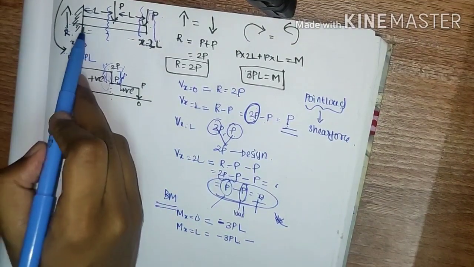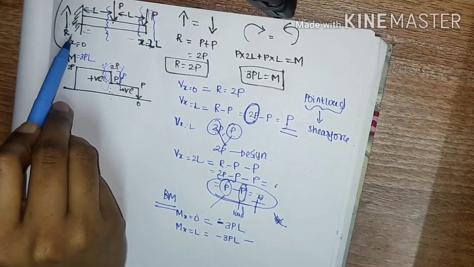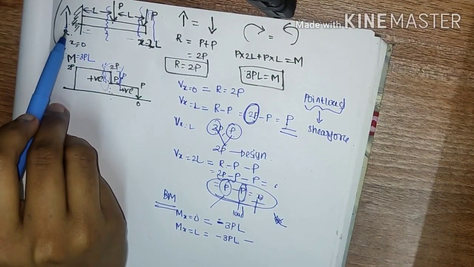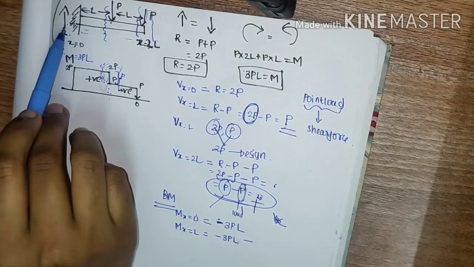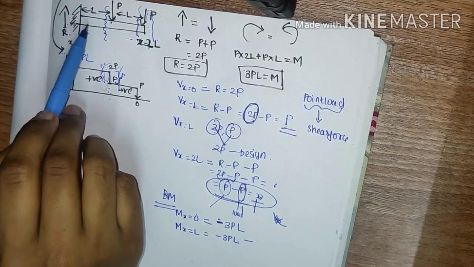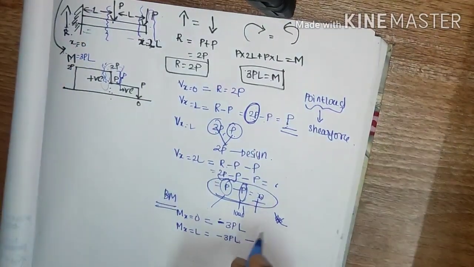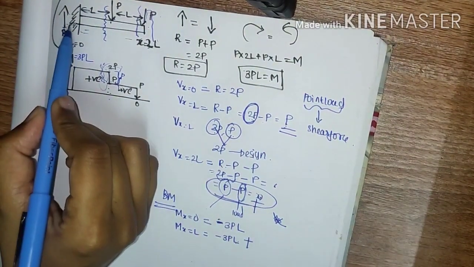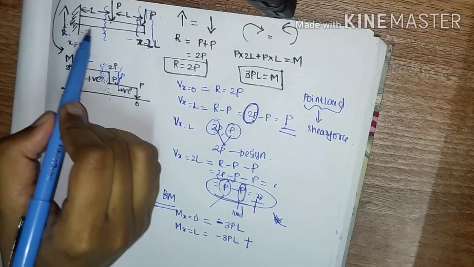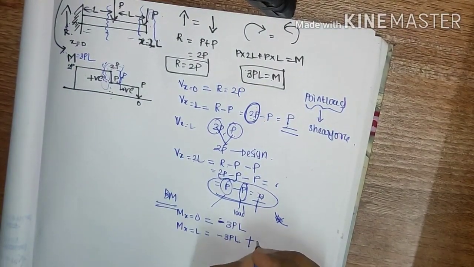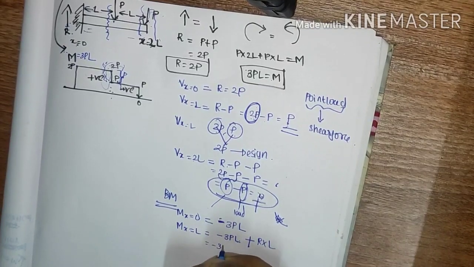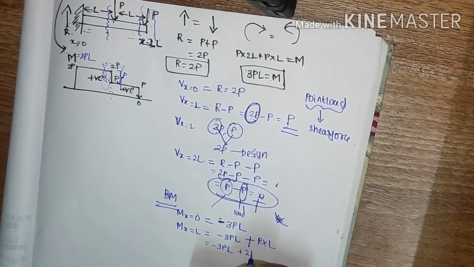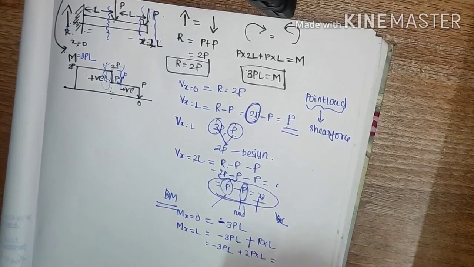Next at x equal to L, there will be a moment due to this reaction, R into L. As the force is upward, it creates a positive bending moment, sagging, not hogging. So this is minus 3PL plus 2P into L.